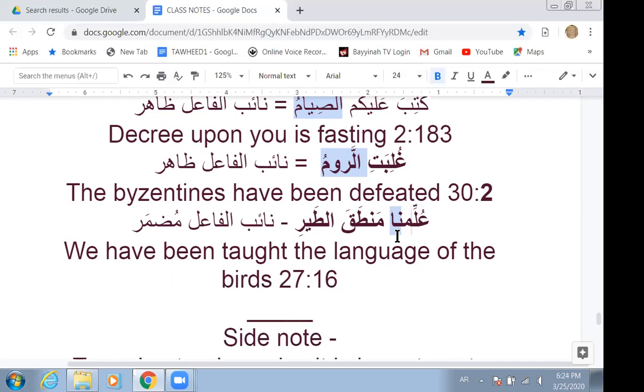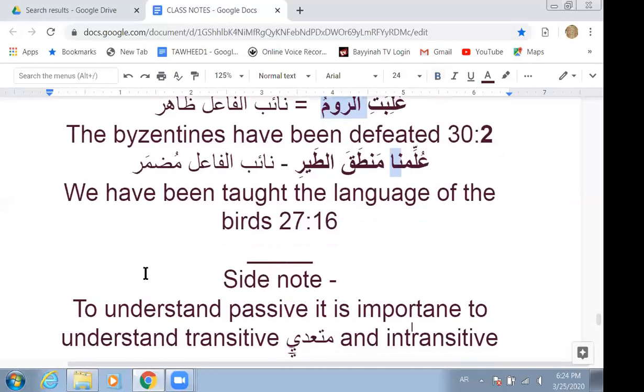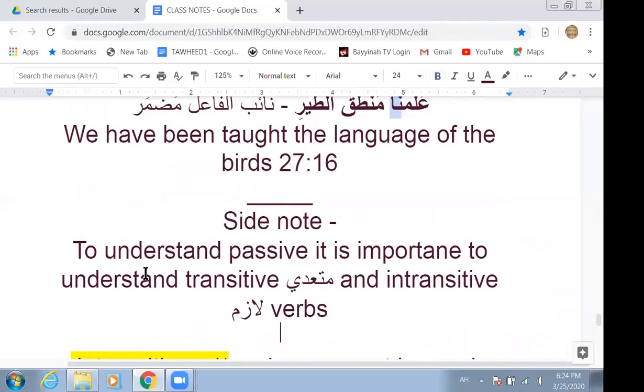But since now this is the passive, hence this na we will take as a naibul fa'il, and since it is coming in the form of zamir, we will say this is the naibul fa'il muzmar.